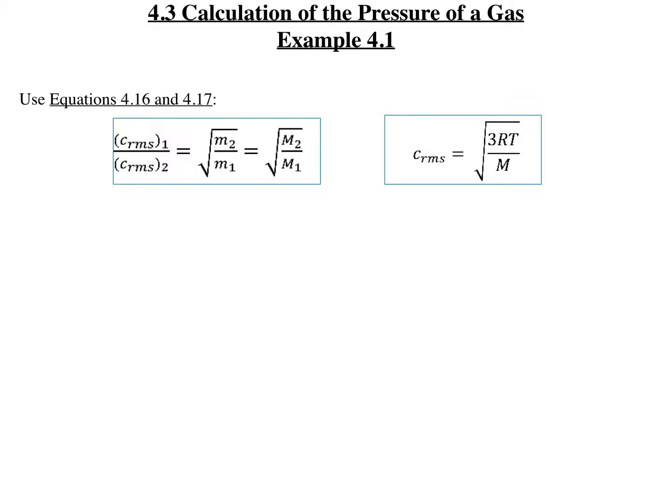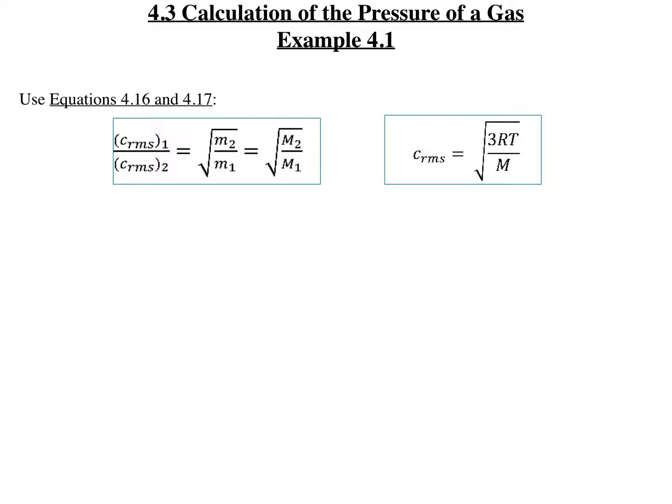So if we take two gas samples and compare their RMS speeds, we get CRMS1 divided by CRMS2 is equal to the square root of m2 over m1. Notice that the gas velocity c1 is in the numerator, c2 is in the denominator, and under the square root, mass m2 is in the numerator and m1 is in the denominator.